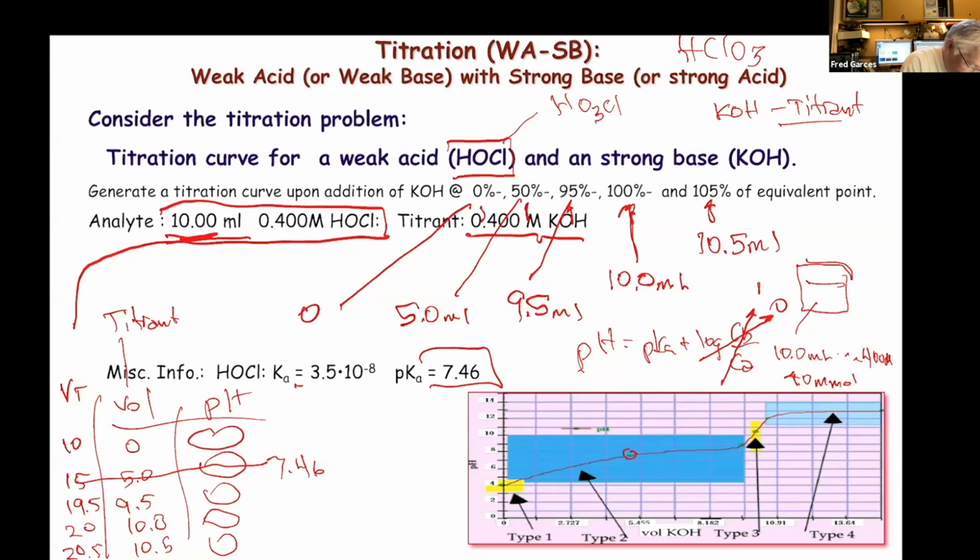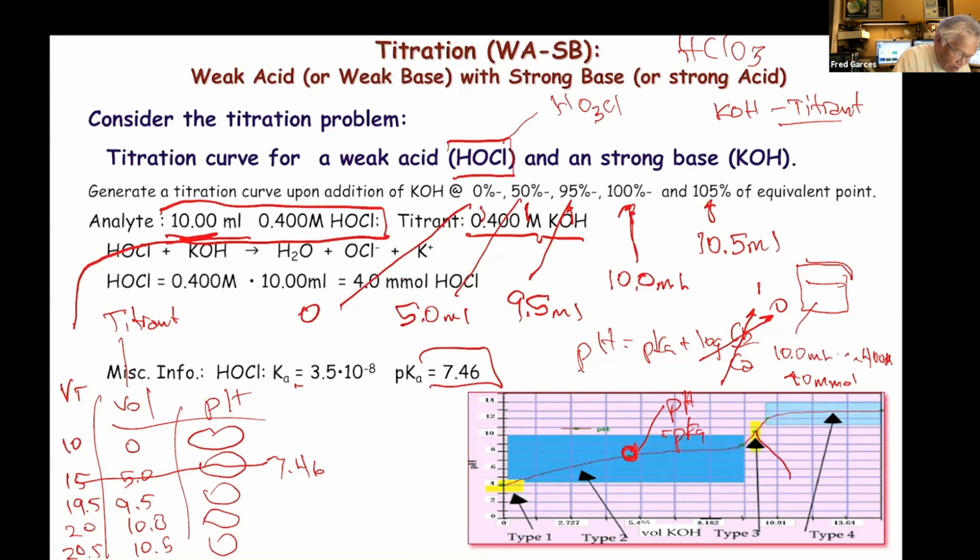That's this region right here. pH equals pKa. Now I tell you this now, and you guys are going to forget. You're going to say here is where pH equals pKa. No, that's the equivalence point. That's where hydrolysis occurs. Okay, pH does not equal pKa at the equivalence point. Only at the 50% point.